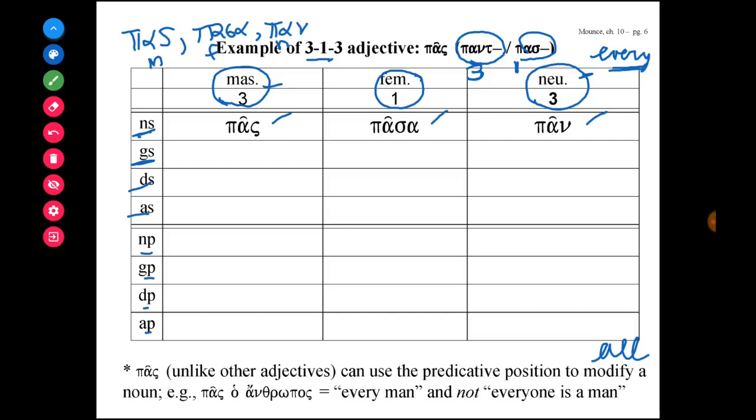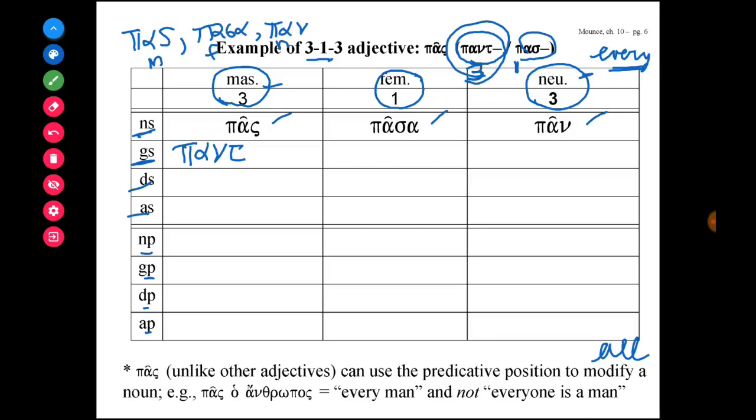So if the stem for the third declension masculine and neuter forms of the adjective is pant, let me write this out, pant. Remember what the case endings are for the third declension masculine forms.